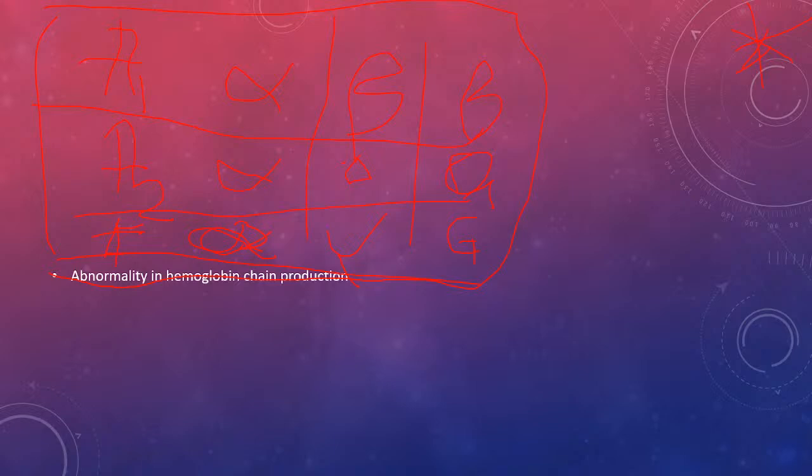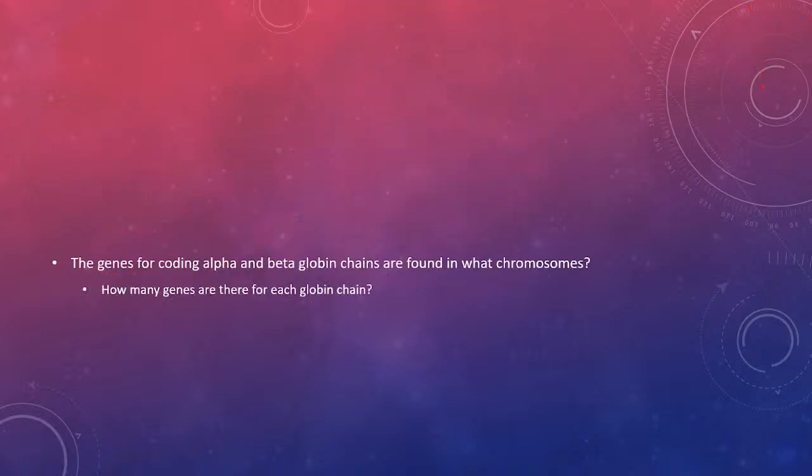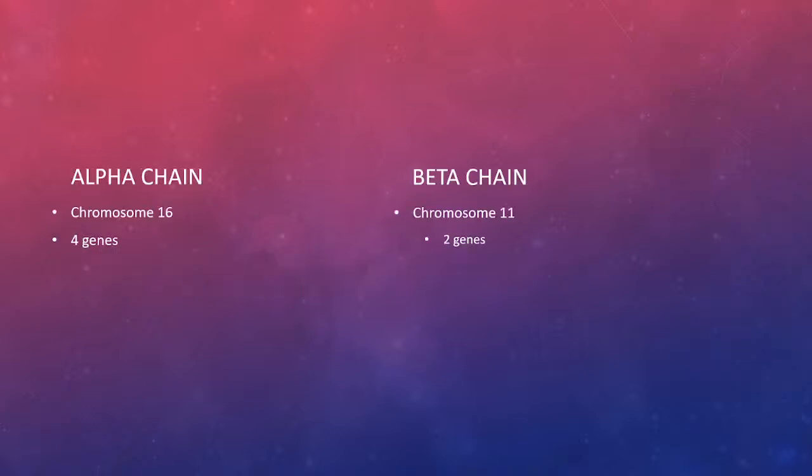All right? So let's move on with the genes for coding. Alpha and beta genes are found in what chromosome? So a little bit of memorization. Hopefully you guys remember. For your alpha chains, it's found in the 16th chromosome, and the beta chain is in the 11th chromosome. And alpha chains actually have 4 genes.